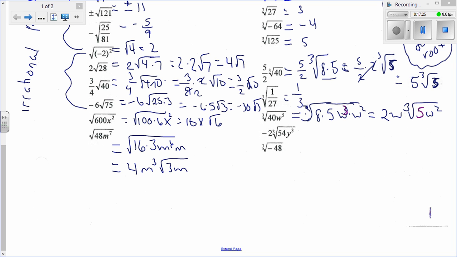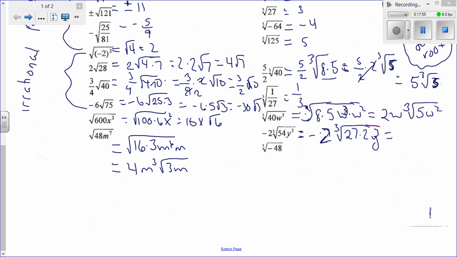For this one here, I have that -2 out in front. And my cube root of 54: the perfect cube that divides into 54 would be 27 times 2. And y cubed is already a perfect cube, so I can just leave that.